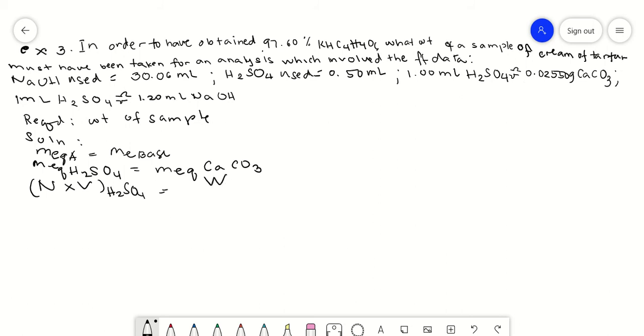We are given the weight of calcium carbonate. Because we know the weight, we do not know the volume, so we make use of the formula: molecular weight of calcium carbonate divided by the factor times 1,000. So our objective is to determine the normality of sulfuric acid.